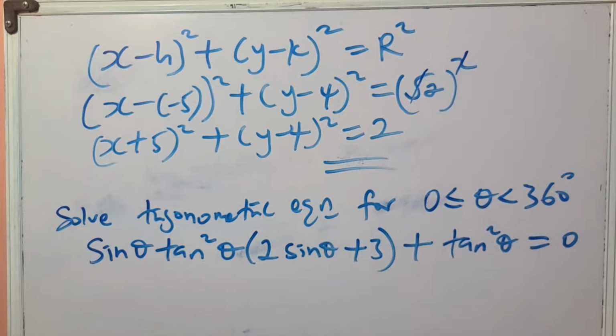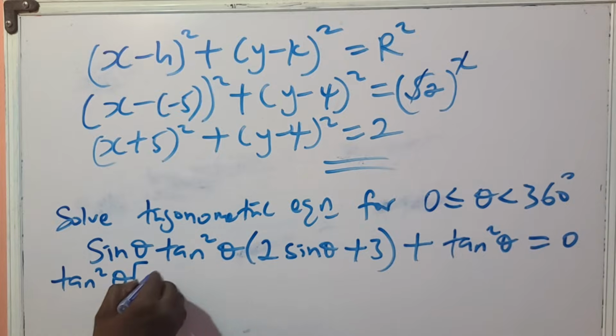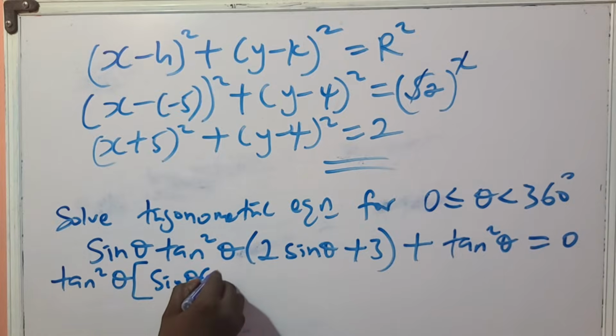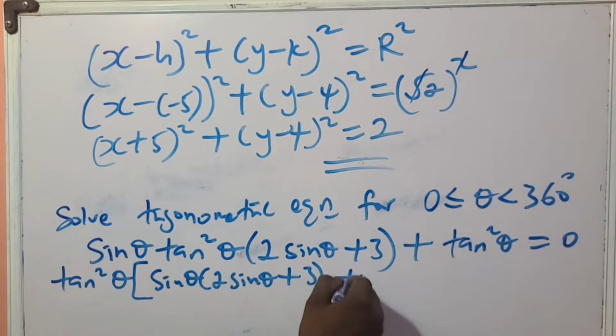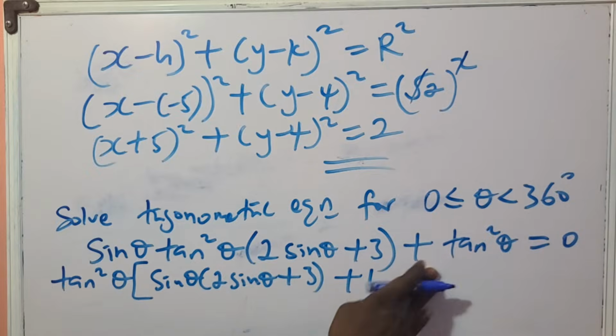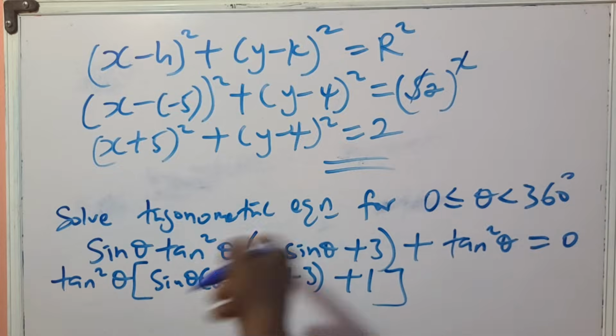So we can factorize tan square theta out initially. Then we can open this right here and we'll be left with sine theta, then 2 sine theta plus 3. All right. So we close, we have plus 1 because we have brought tan square theta out.